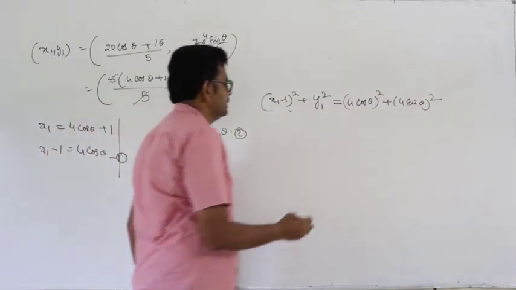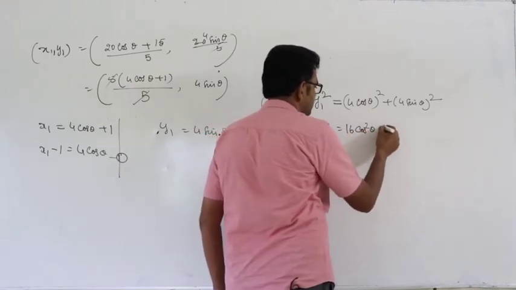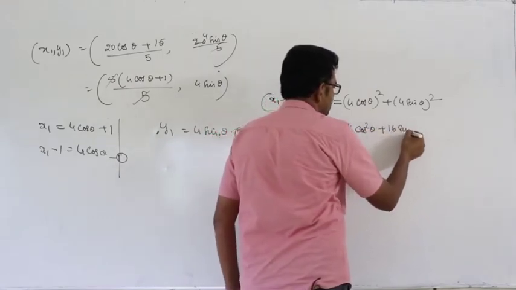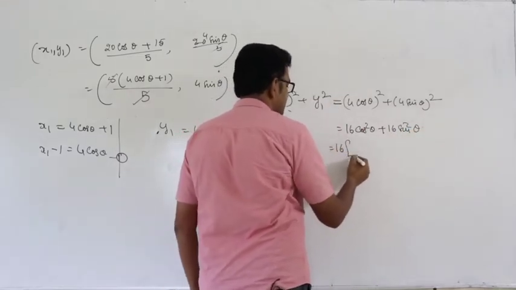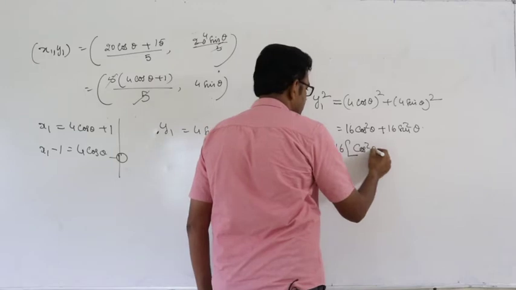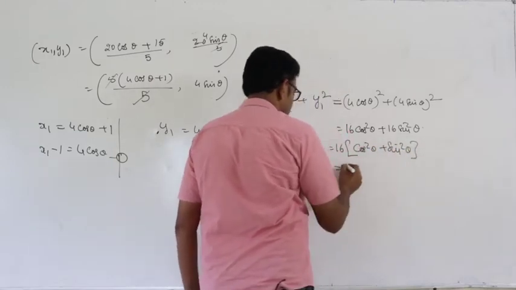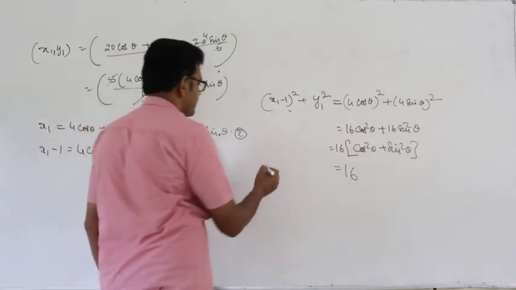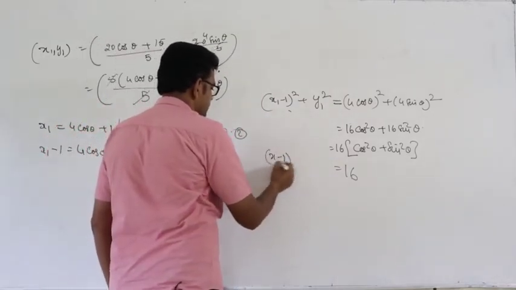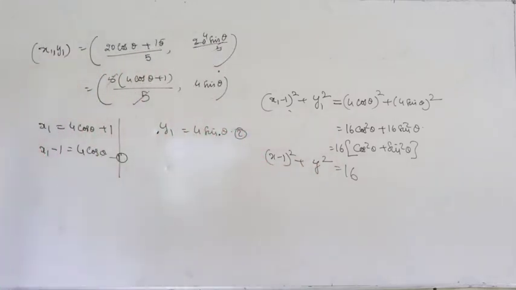This is equal to 16 cos square theta plus 16 sin square theta. Take 16 common, cos square theta plus sin square theta is 1, that is 16. So the locus is x minus 1 whole square plus y square is equal to 16.